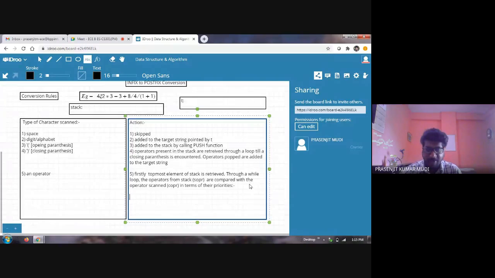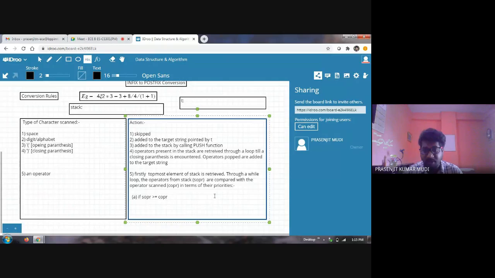So these are being compared. Now what will happen after comparison? So if the priority of SOPR is greater than or equal to the priority of COPR, for example, plus and minus, equality holds. For example, division and minus, division greater than or equal to minus.